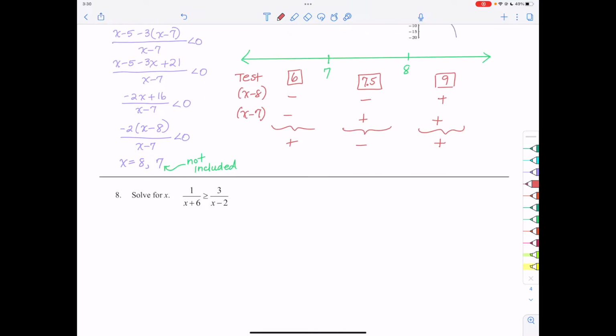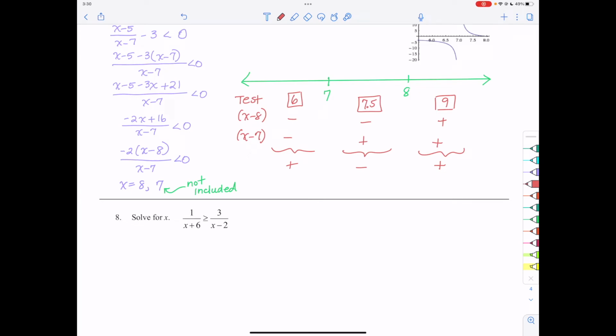And actually we could put this negative 2 in front of this, and so this would change. I think it's a little easier if we do that. And you don't have to, you can do it at the end. But plugging that negative 2 in there, this would now become a positive, and this would still be a positive. And now I guess this would be a negative because we would have that 6 minus 7. There we go. So this would be a negative. And then, of course, we have a positive.